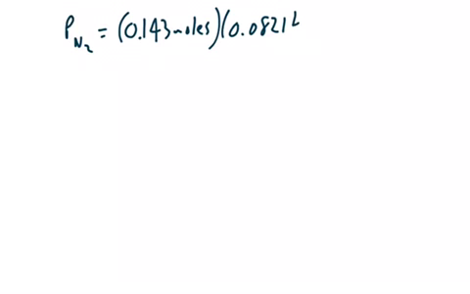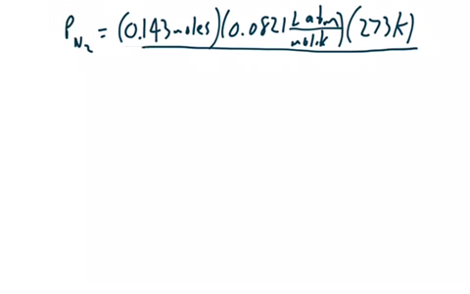Well, we just saw that the moles of nitrogen was 0.143 moles. Now remember that R is always a constant, 0.0821 liter atmospheres over mole Kelvin. And then your temperature is 273.